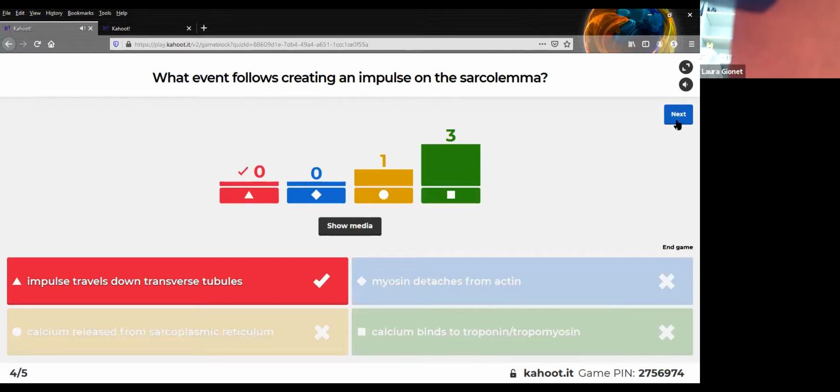Oh, okay. So remember, from the plasma membrane, it has to travel down those tubules to the interior somehow. So that would be the next step.